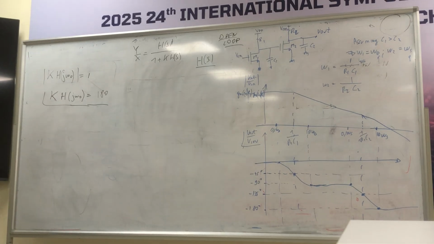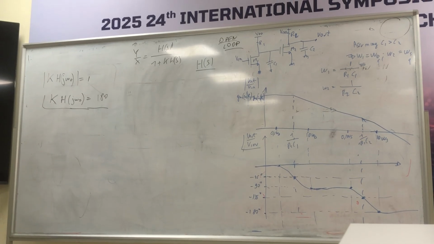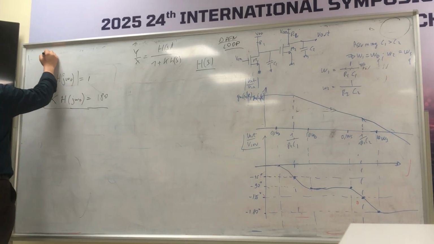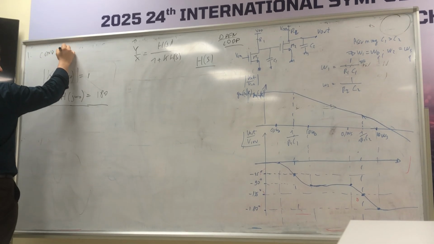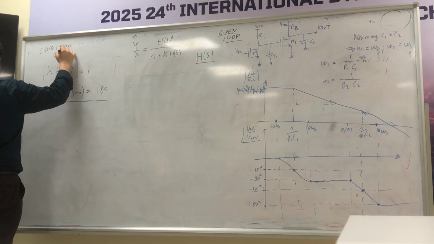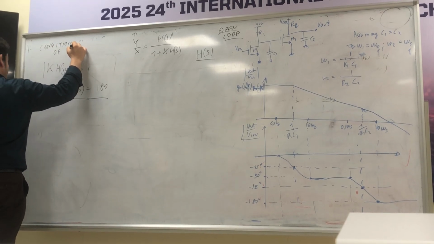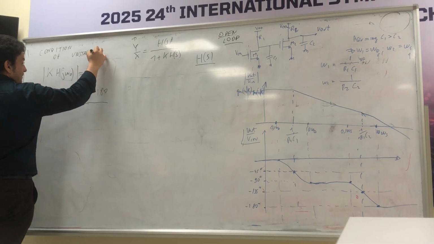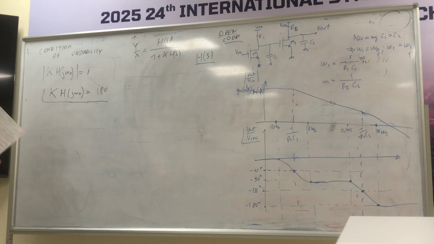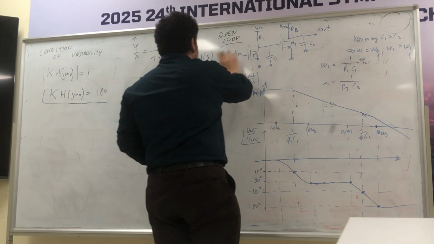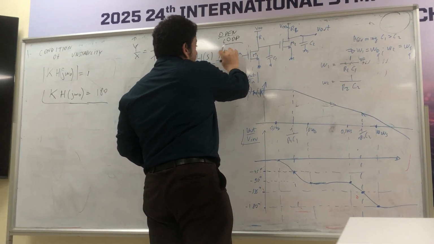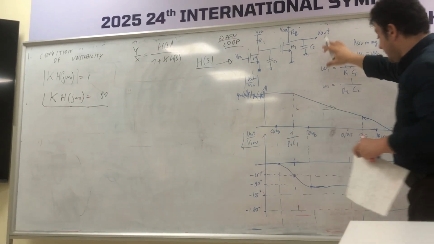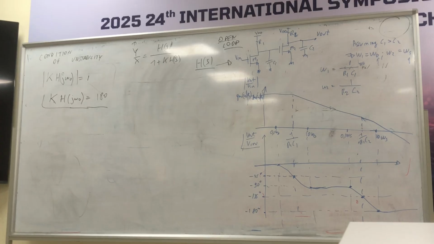This is the condition of instability, as we saw before. Now we have this, the open loop transfer function H(s) of the system, and it has this characteristic.